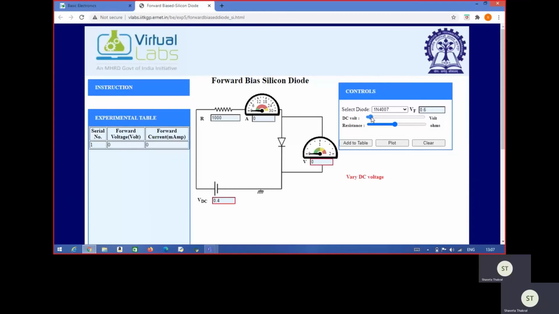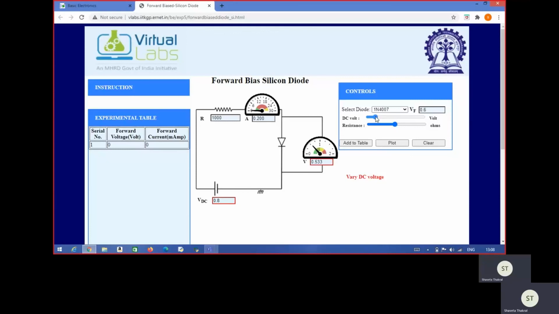Then we again vary to this 0.4 volt. So as the value is again 0, we keep on increasing this value. Let's say we put it at 0.6 volt, then again the value is going to remain 0.